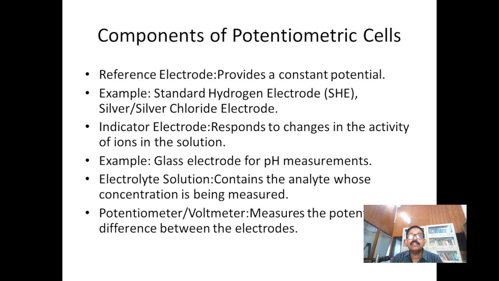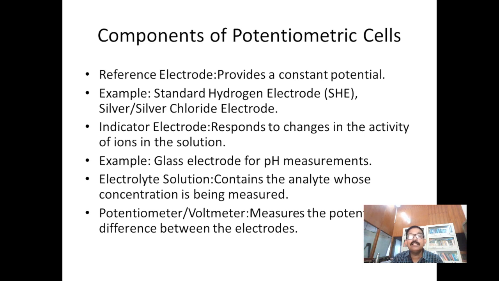The first one is the reference electrode and the second one is the indicator electrode, which responds to changes in the activity of ions in the solution. The indicator electrode indicates the potential of the solution throughout the titration. When the concentration of the solution changes, the potential changes.